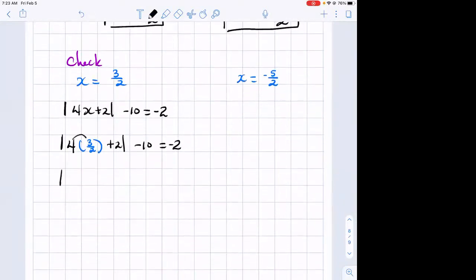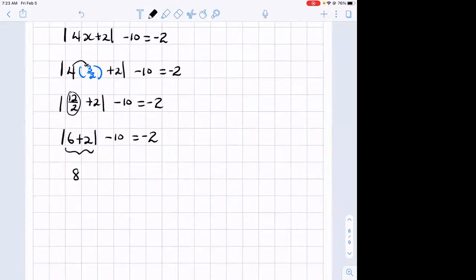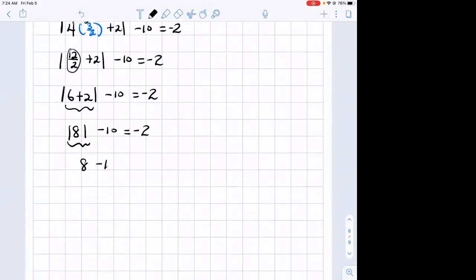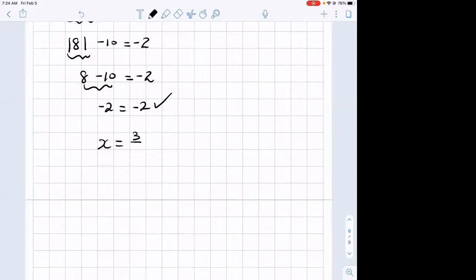Well, if you multiply 4 times 3 halves, you get 12 halves plus 2 minus 10. 12 halves is the same as 6. 6 plus 2 is equal to 8. The absolute value of 8 is 8. And 8 minus 10 is negative 2. So negative 2 is equal to negative 2. That's true. Therefore, x equals 3 halves is an answer. It's confirmed.